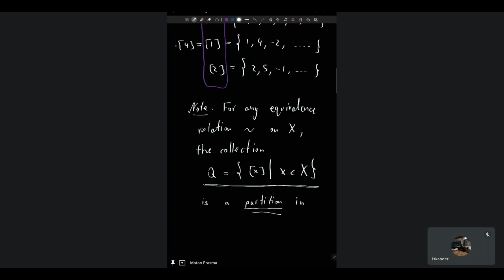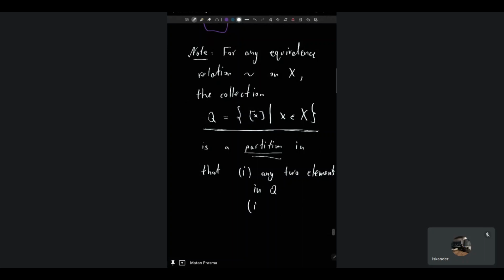And a partition simply means that, first, any two elements in Q, I mean, elements in Q are simply equivalence classes, are either equal or disjoint.